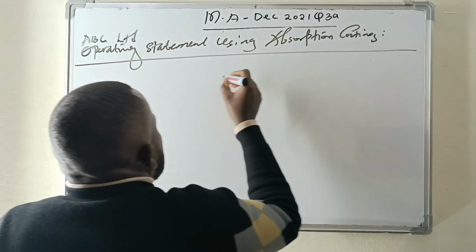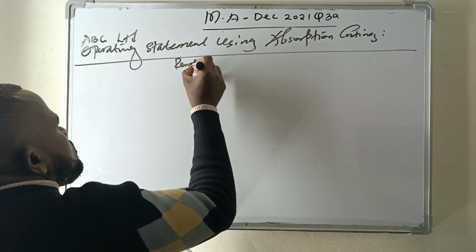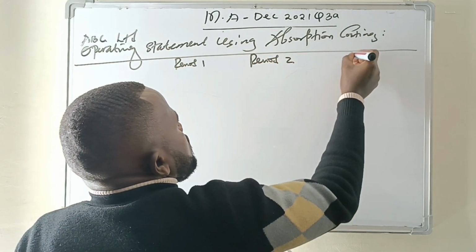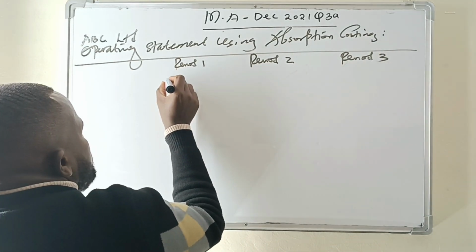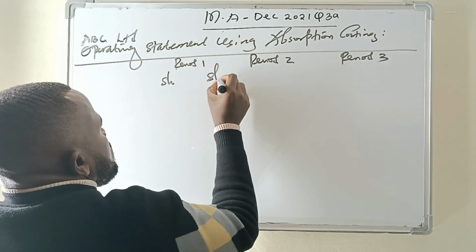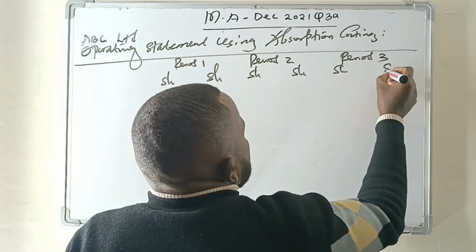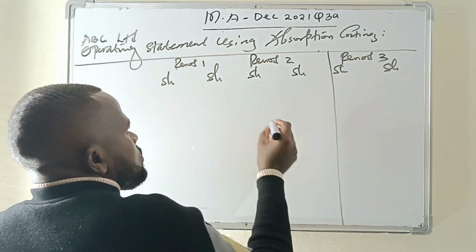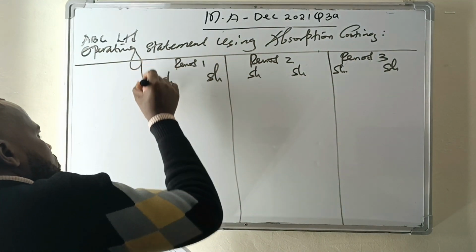We have 3 periods: period 1, period 2, period 3, and we have shillings for each.